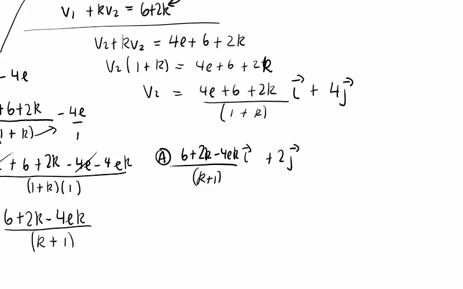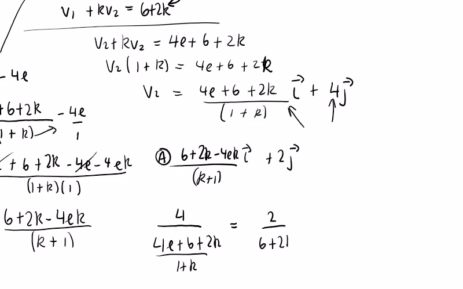So we're told they're parallel, so the tan of the angles or the slopes must be equal, and we know that the slope is going to be my j over my i. So we're going to have 4 over v2's i component, which is 4e plus 6 plus 2k over 1 plus k, equal to 2 over 6 plus 2k minus 4ek, also over k plus 1.